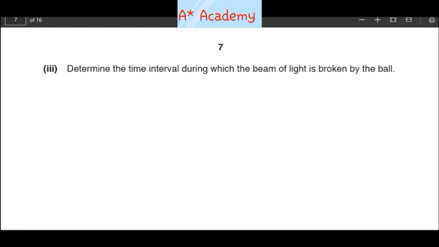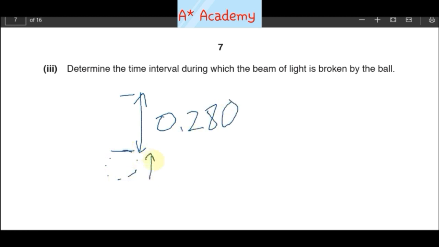Right, okay, so here what we're going to do is find the time taken by the ball to move through a distance of 0.28 plus the diameter of the ball right there, which is 0.08 meters.